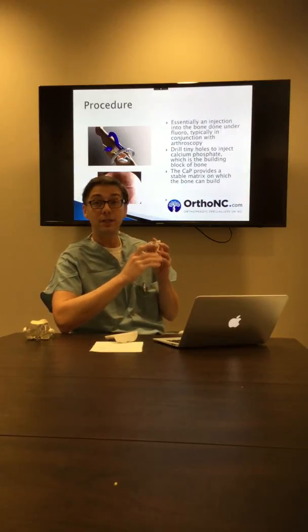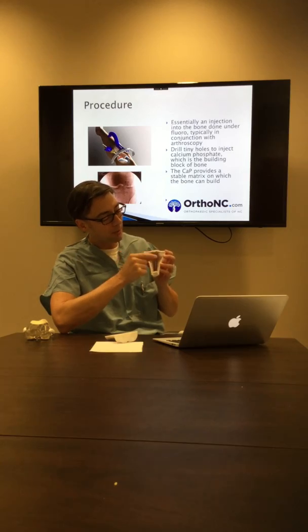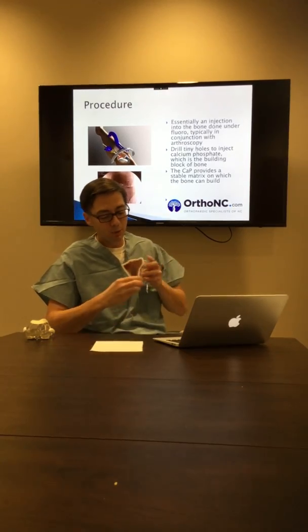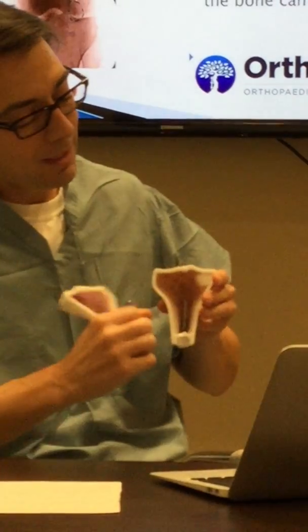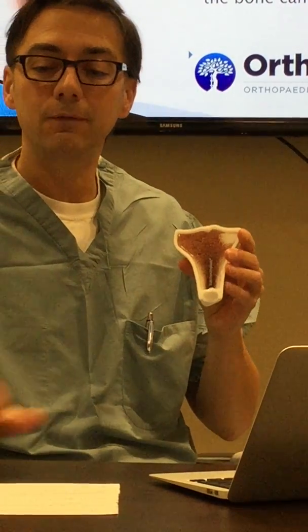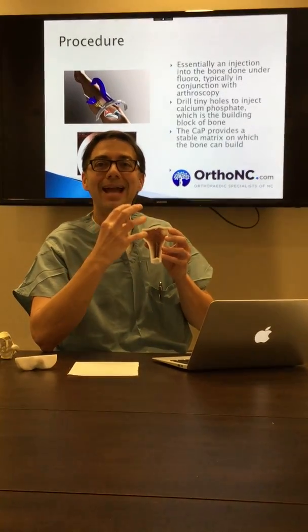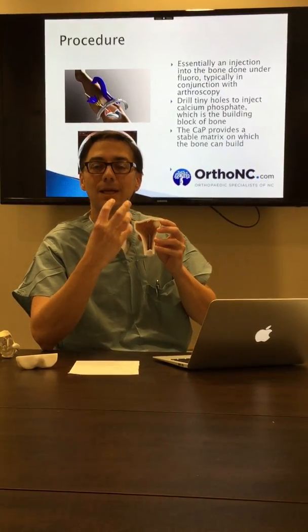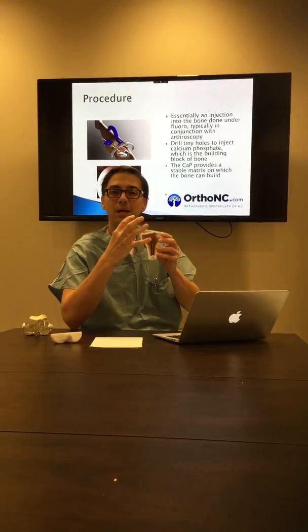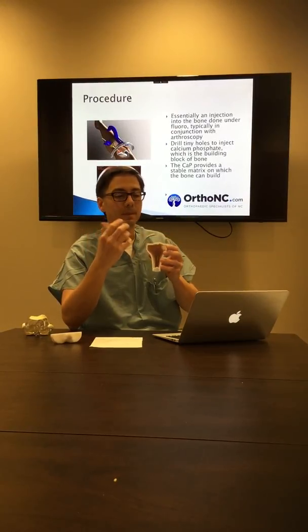This calcium phosphate serves two functions. You can see in this model, this previous bone lesion here is now filled with the calcium phosphate. The first function: it acts as an internal splint and eliminates the pain of the fracture by supporting and splinting the area.